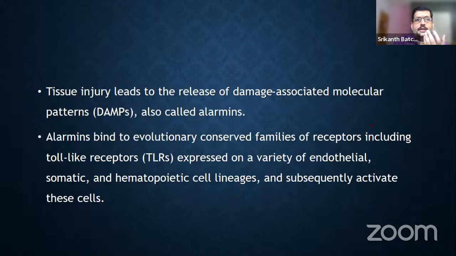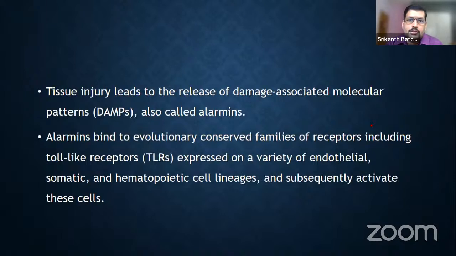What happens when there is a tissue injury is the release of damage-associated molecular patterns, which are polyformyl peptides containing DNA. In the case of DAMPs, it's mitochondrial DNA. In the case of PAMPs, which are released in response to infection, they contain bacterial DNA.